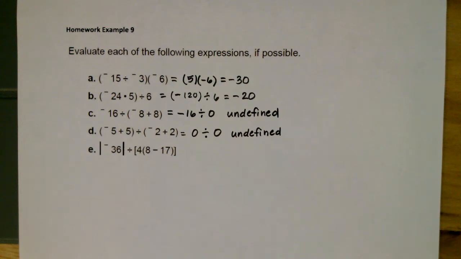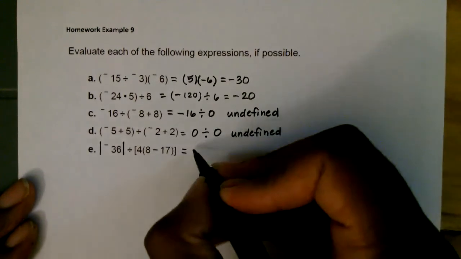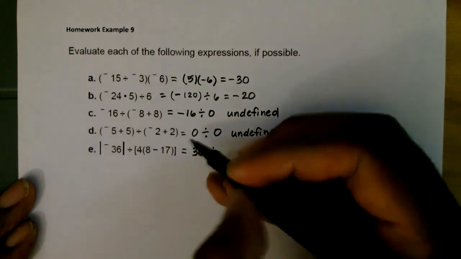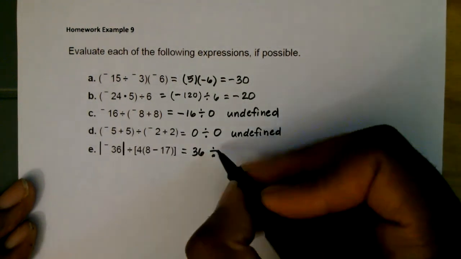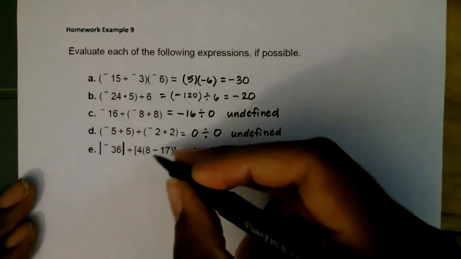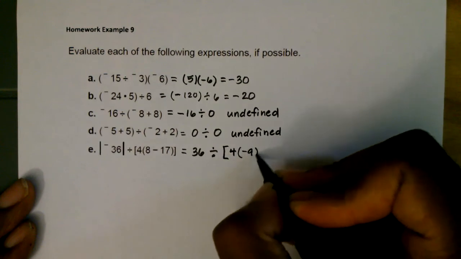And now part E, absolute value of negative 36 divided by 4 times the quantity 8 minus 17. Well, let's find the absolute value of negative 36. That's 36. Divided by, let's work inside the parentheses here. Bring down the 4, and you're going to do 8 minus 17. That's -9.